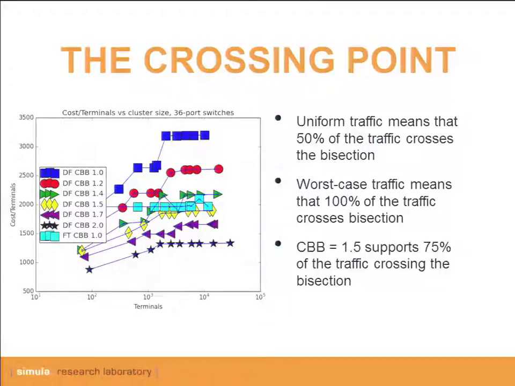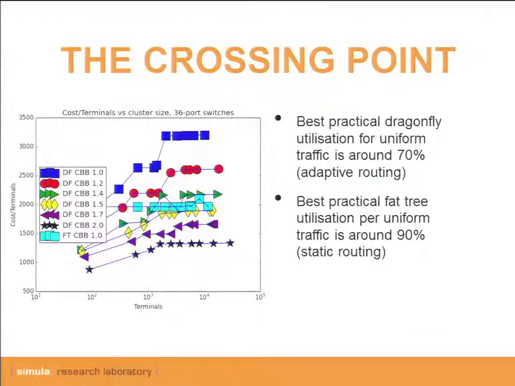But what I noticed also, in most of the papers, the best performance I could see for the Dragonfly was around 70% for uniform traffic. 70% utilization of the network. This is probably because you have to rely on adaptive routing algorithms. Adaptivity is difficult. It's a young topology. People haven't had time to tune the adaptive algorithms.